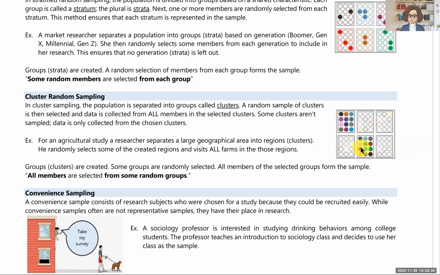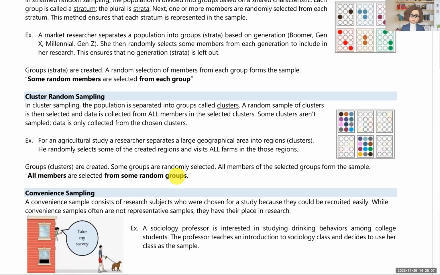These 2 get chosen. And from those regions, they're going to visit all of the farms in those regions. So all of them from just 2 out of those 6 clusters. All right, so some groups are randomly selected, but all members of those groups form the sample. So with cluster, all members are selected from just some of the random groups.